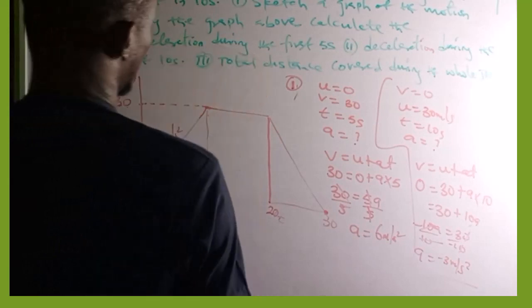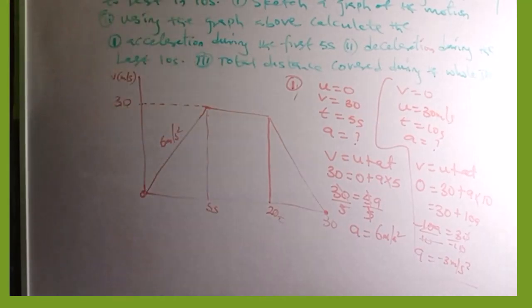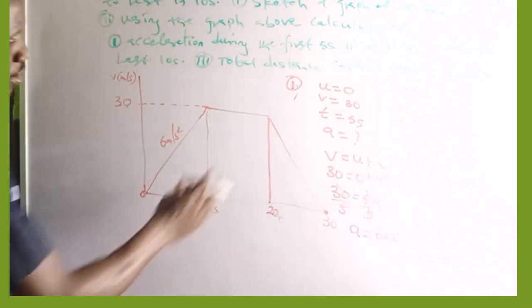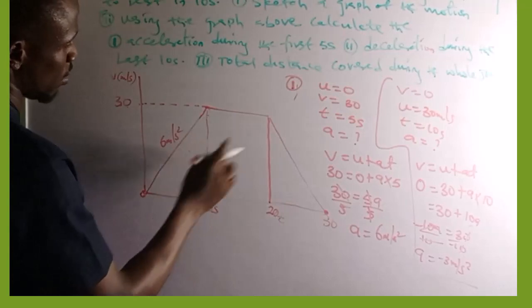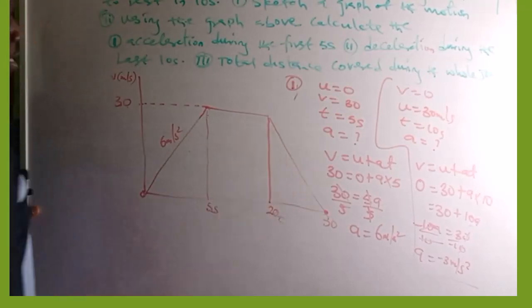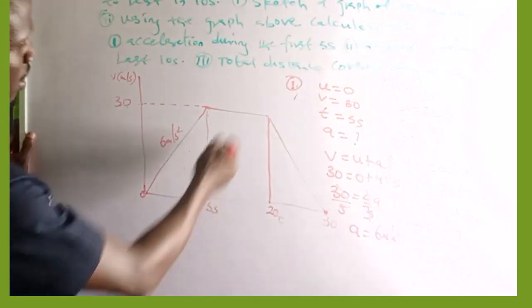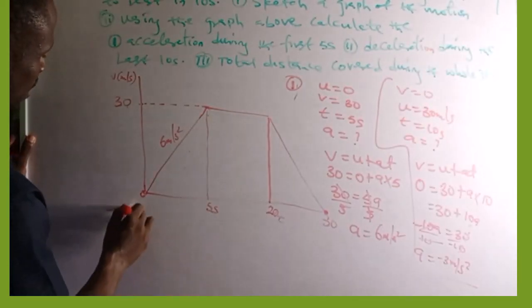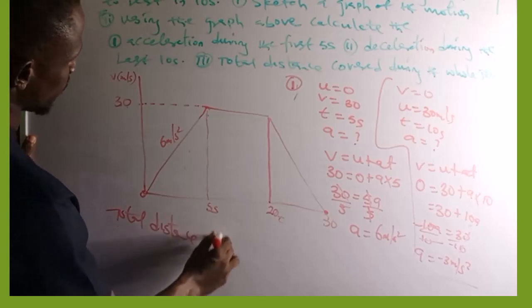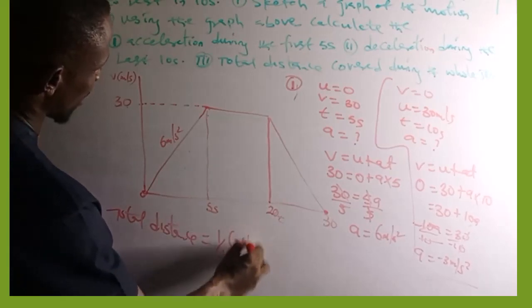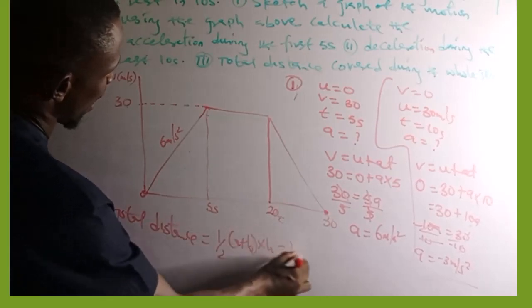Then the last one is total distance covered during the whole journey. The total distance is the area under the graph, area of this trapezium, or area of this triangle plus area of this rectangle plus area of this triangle. That is very simple to calculate. If I say area of the trapezium, total distance is area of the trapezium. What is the area of the trapezium? Half A plus B times height, is it not? Half, what is the A?